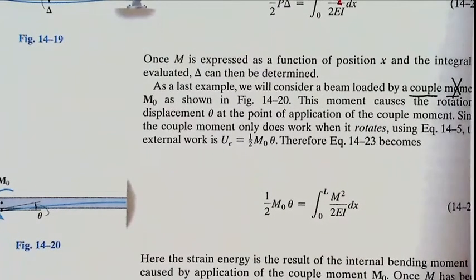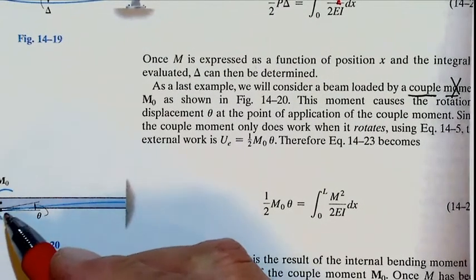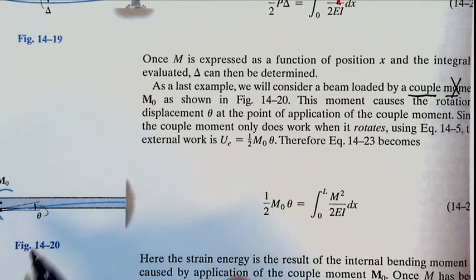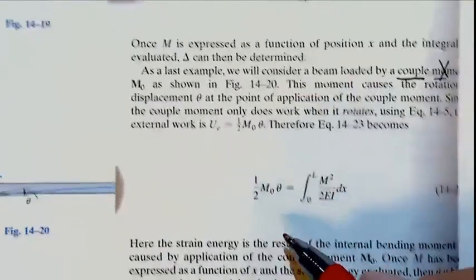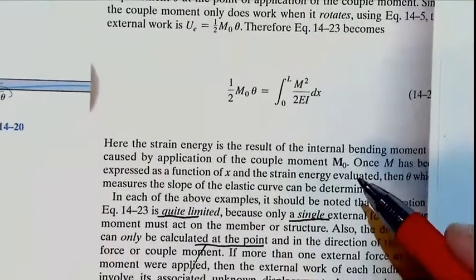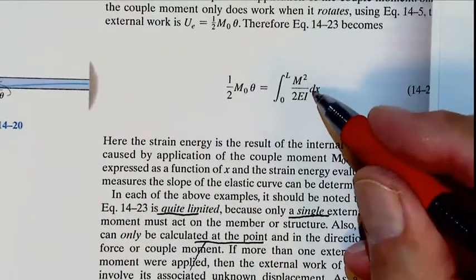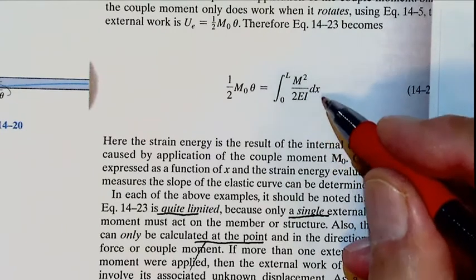Now, what happens when there is a concentrated moment? Concentrated moment then works on appropriate slope or angle, theta. So 1/2 m0 times theta equals the same thing, integral of m squared over 2EI dx.